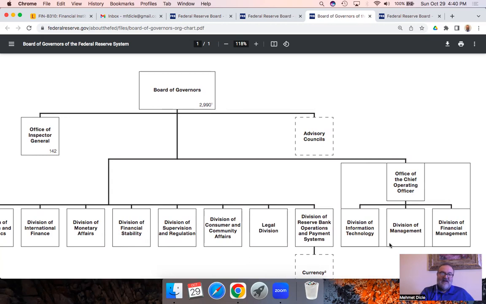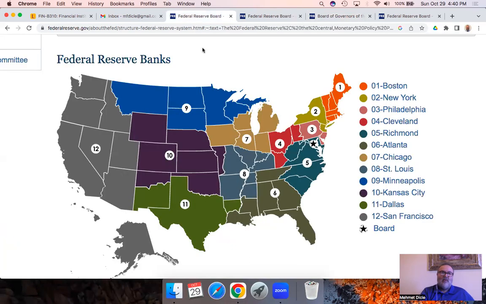And again, notice these are not banking related positions. These are more regulation related positions, meaning the Board of Governors regulate the 12 central banks. And I think that's what makes the Federal Reserve System incredibly unique.